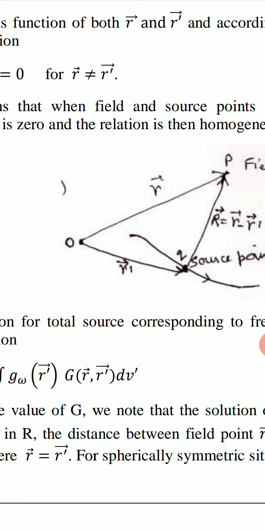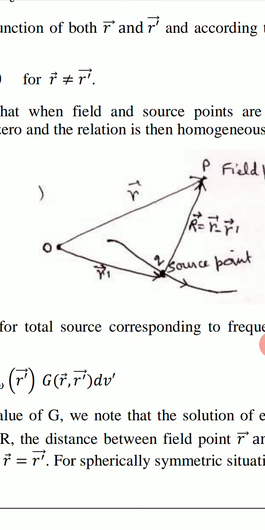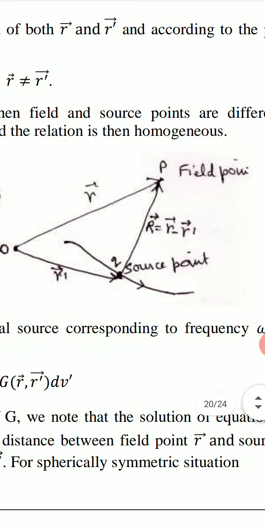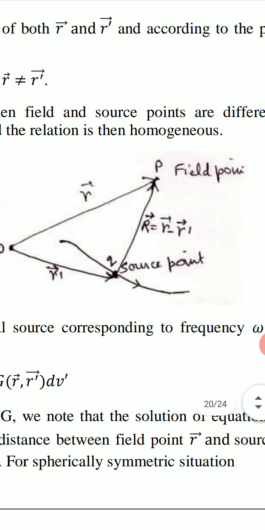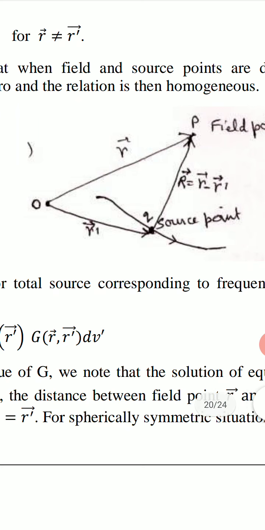R vector is position vector of point P with respect to any origin O. O is any point which is treated as origin, and with respect to this origin, position vector of point P, which is field point, is r vector, and position vector of source point where charge q is present, it is r dash vector.